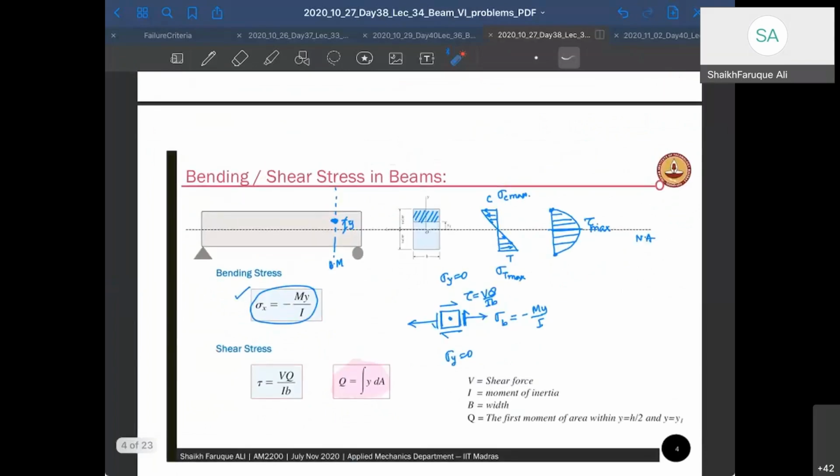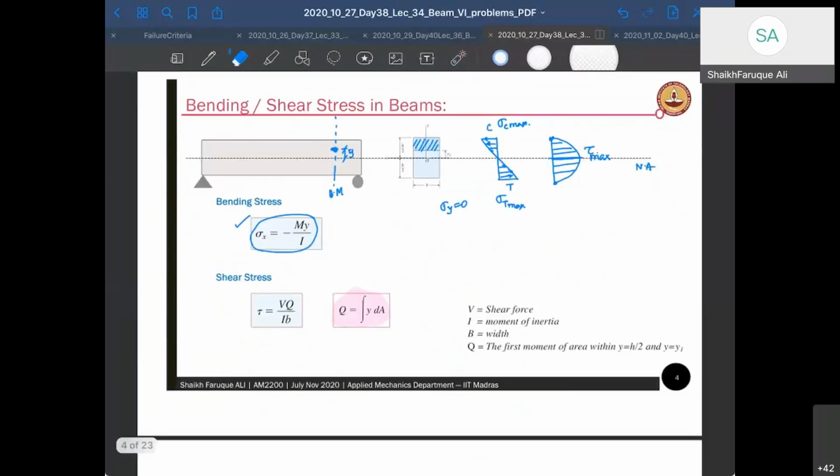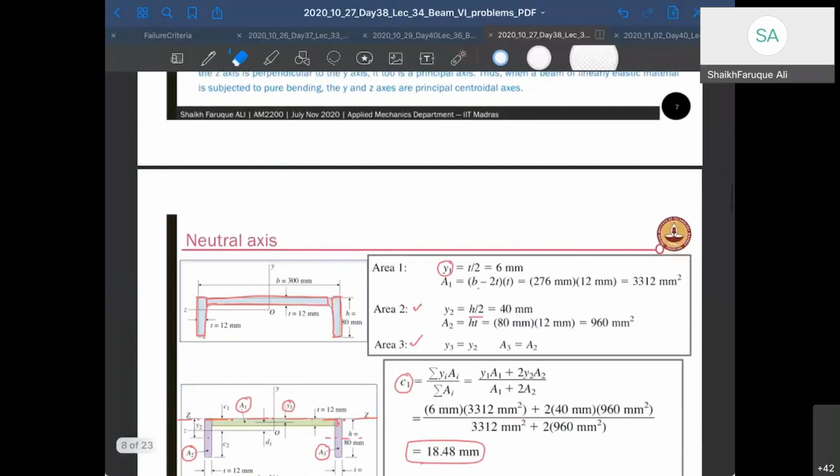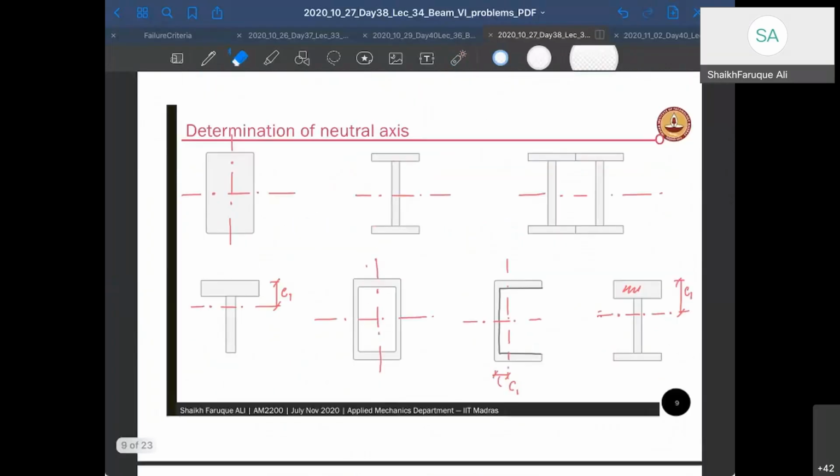Before I go into this part, let us understand what kind of geometry. These are various sections, different kinds of sections that are used in the design of beams. This is a rectangular section, so square will also be part of this.